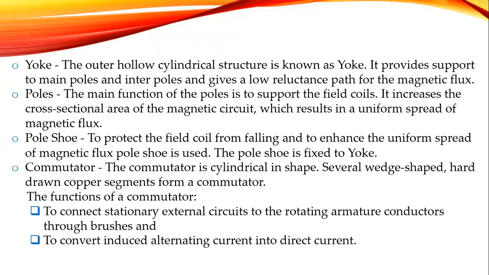It increases the cross-sectional area of the magnetic circuit, which results in a uniform spread of magnetic flux. Pole shoe. To protect the field coil from falling and to enhance the uniform spread of magnetic flux, the pole shoe is used. The pole shoe is fixed to the yoke.